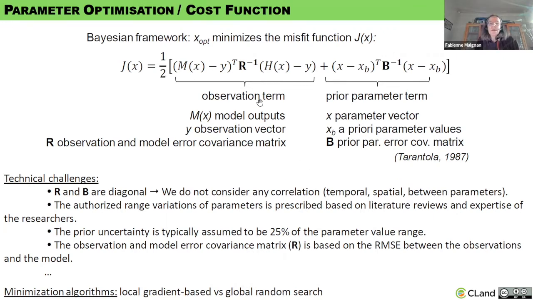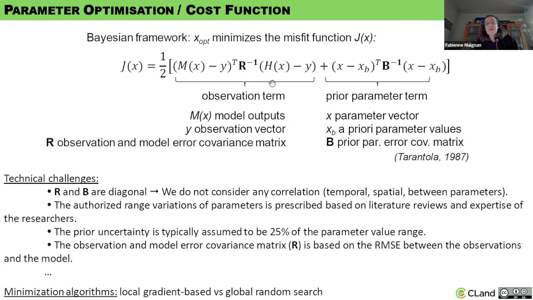So you have this observation and model term which represents the misfit between the observation and your model, and it's weighted by this observation error covariance matrix R. And you also have this prior parameter term. So X is your vector of parameters. XB is the prior values where you already have knowledge.